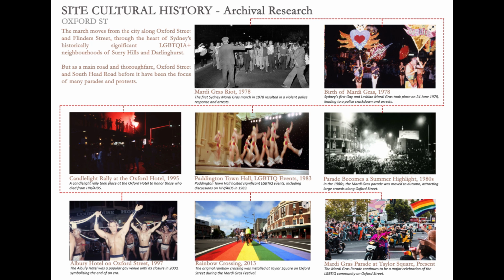In 1983, at Paddington Town Hall, there were gatherings for the LGBTQ community that focused on topics like HIV and AIDS, discussions which played a part in advancing the community's fight for rights and recognition.